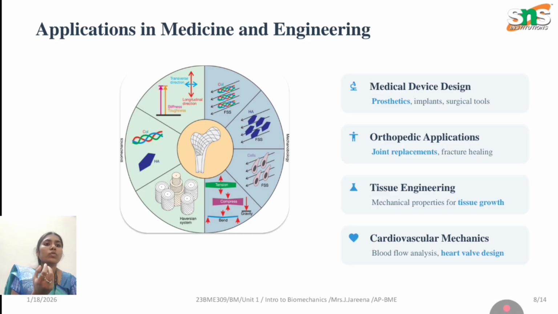So we are not confined only to orthopedics or prosthetic devices. We have the option of applying it in many fields. One such field I would like to note is cardiovascular mechanics.